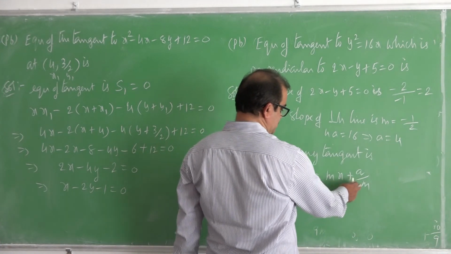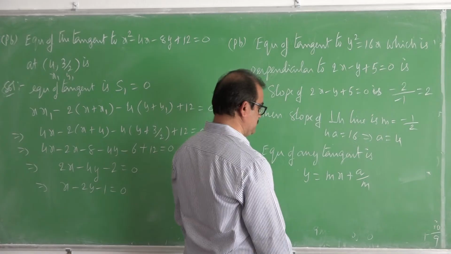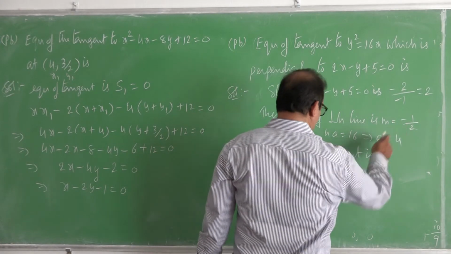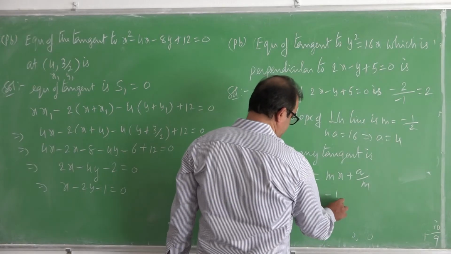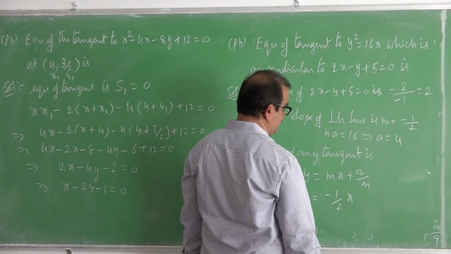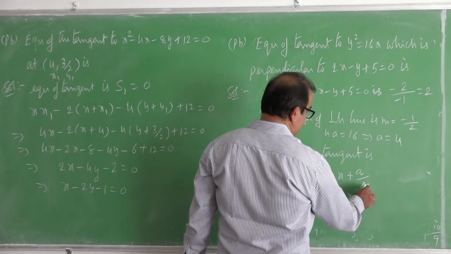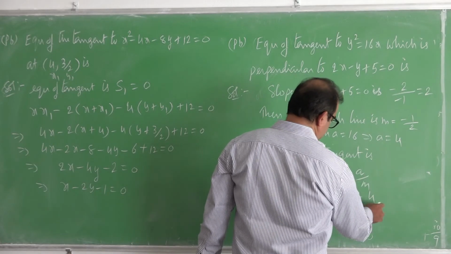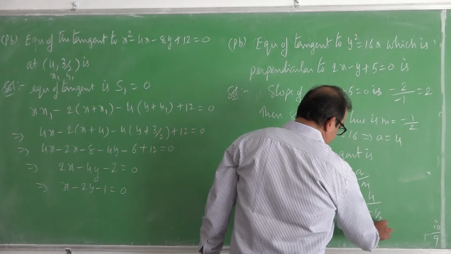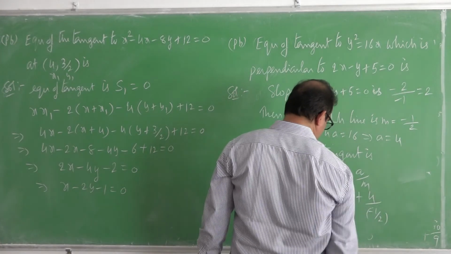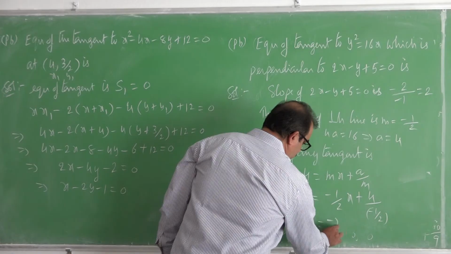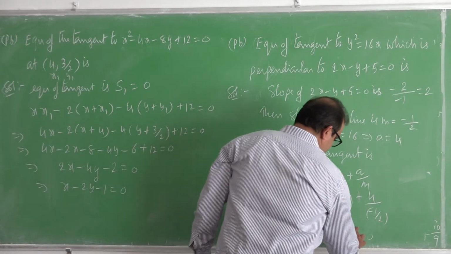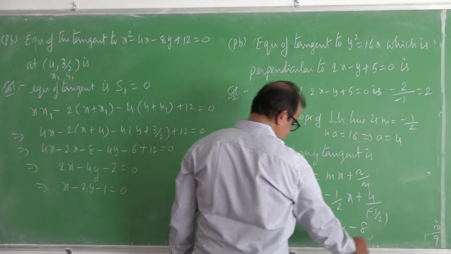We already discussed this formula in previous class. You substitute a value and m value here. Y is equal to minus 1 by 2 x, plus 4 by minus 1 by 2, this 2 goes to numerator. Y is equal to minus x by 2 minus 8.